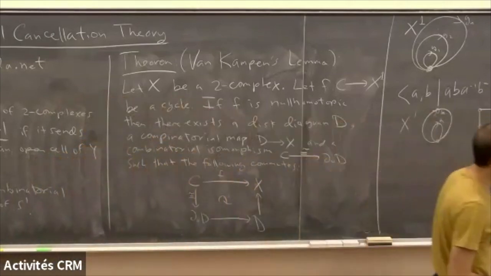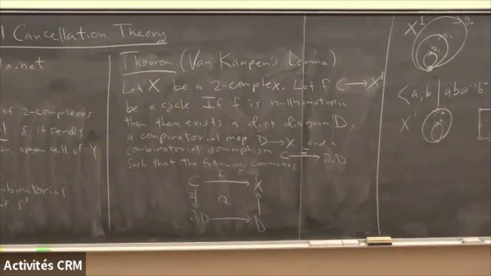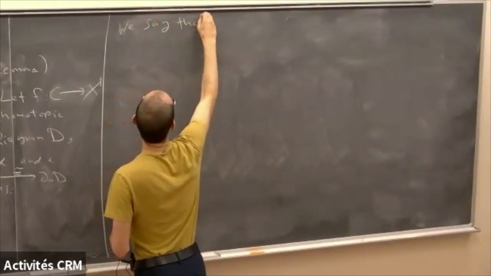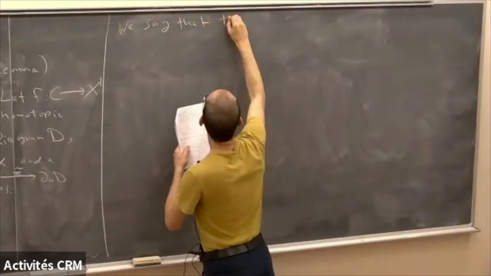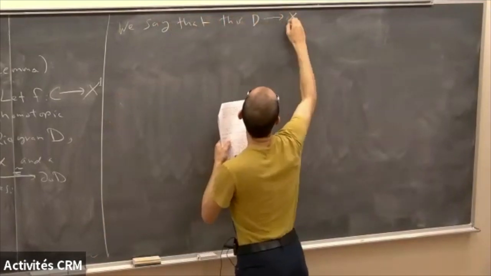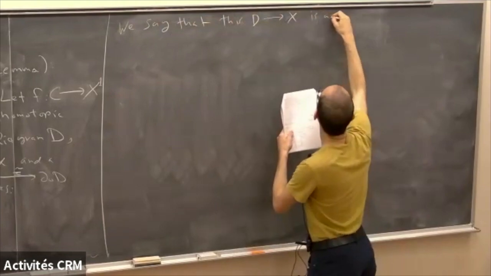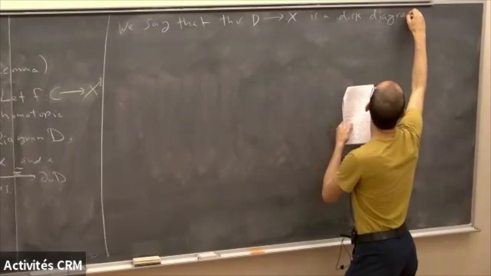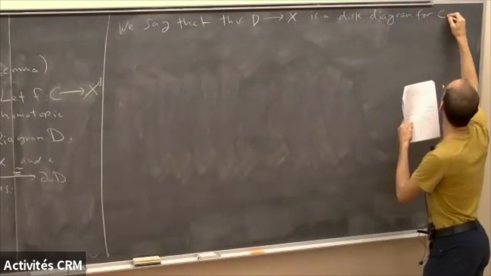So what that means is that this cycle is the composition of the boundary path of this diagram, and then a map from this diagram into our complex. All right, and we say that this D to X is a disk diagram for F.